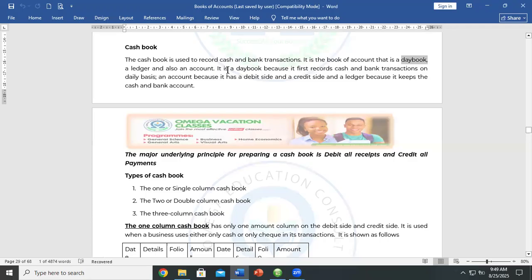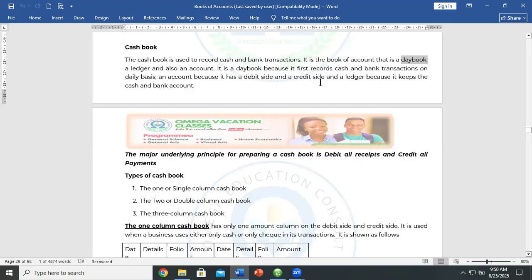The reasons are that it is a day book because it first records cash and bank transactions on a daily basis, because we daily use it to record cash and check transactions. That makes it a day book. It is the prime book where we record cash and bank transactions. It is also an account because it has a debit side and a credit side.